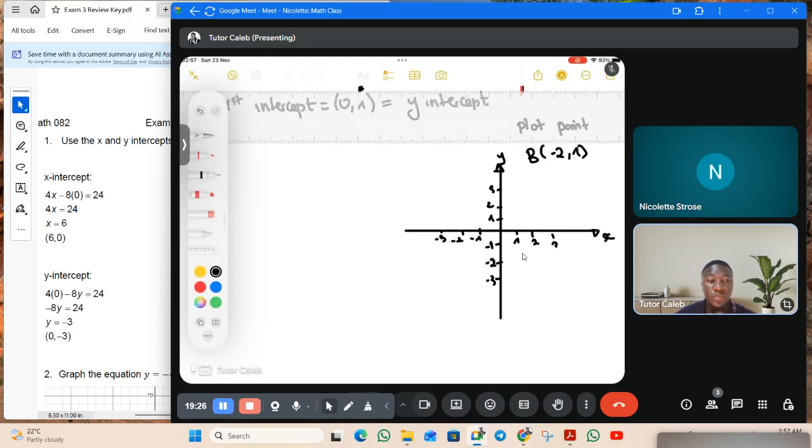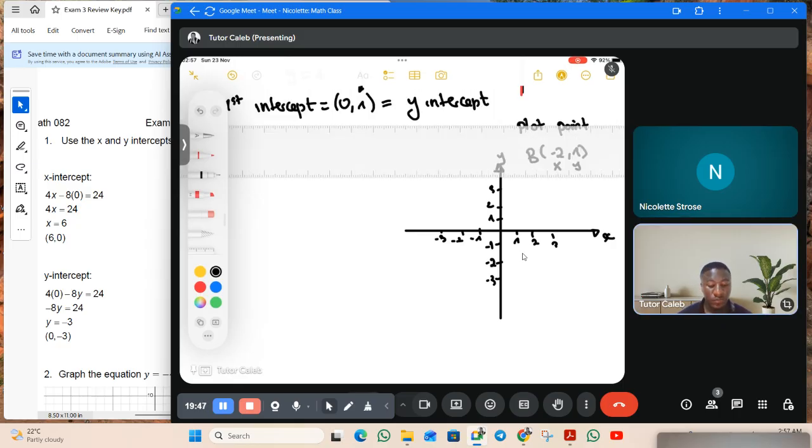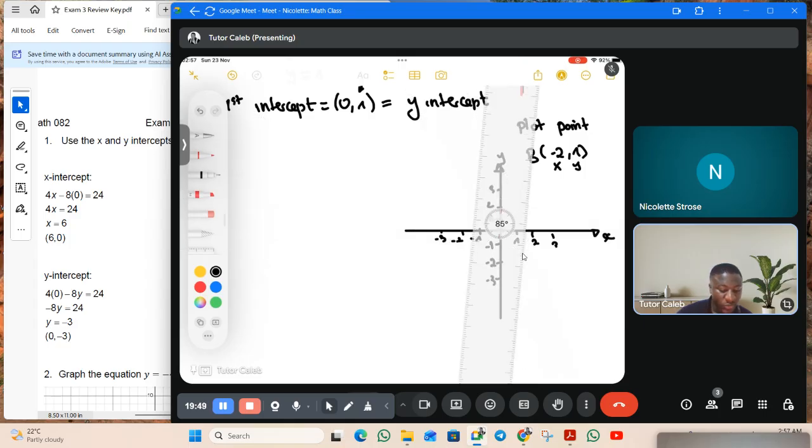Now, they asked me to plot the point B, which is negative 2 and 1. I know that B has an x coordinate. Every point has an x coordinate and a y coordinate, right? We said that in our first lesson. Every point has two coordinates, an x coordinate and a y coordinate. So now, how do I plot the first coordinate, which is the x coordinate?